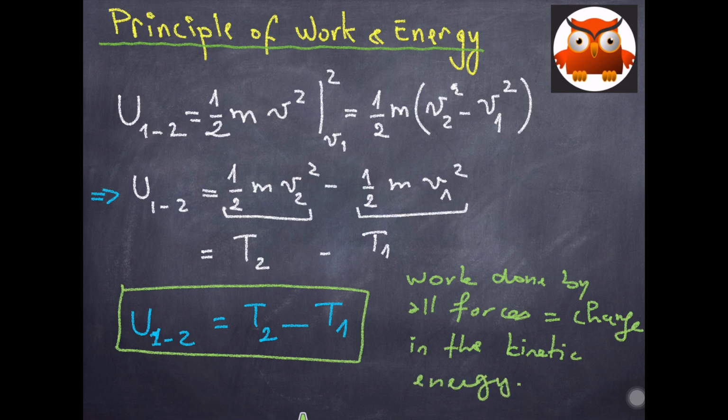This is a very important principle, and we can apply it in any situation. I mean, for any dynamical system, regardless of the type of forces that are applied on the particle.